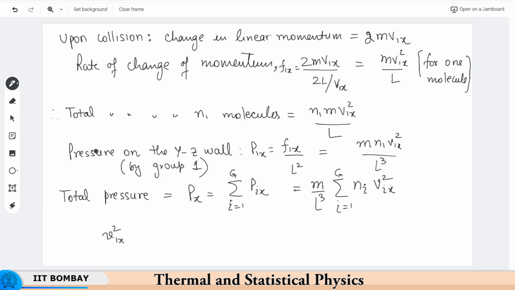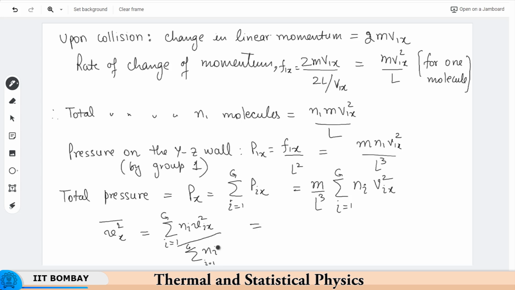So what is the definition of the average of vx squared? The average of vx squared is nothing but the sum over i going from 1 to g of n_i v_ix squared divided by the sum of n_i, where the sum is also going from 1 to g, right.